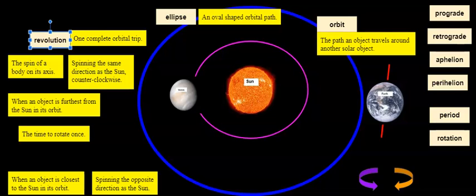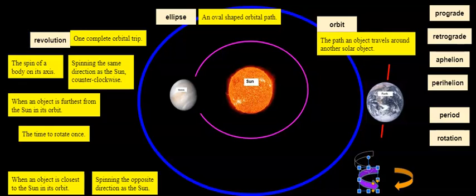Okay, and as the Earth is traveling around its orbit, it's also spinning. And it's important to note here that as it's spinning, there are two ways it could spin. So it's believed that when the solar disk developed in our solar system, it was spinning counterclockwise. Okay?